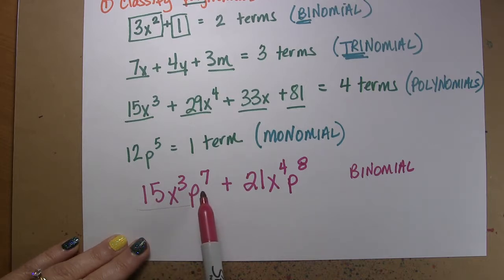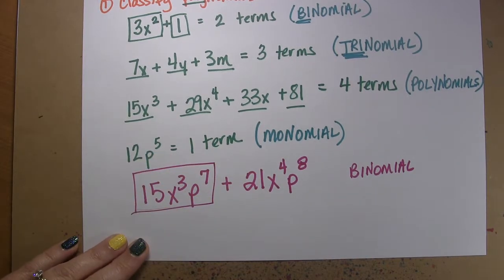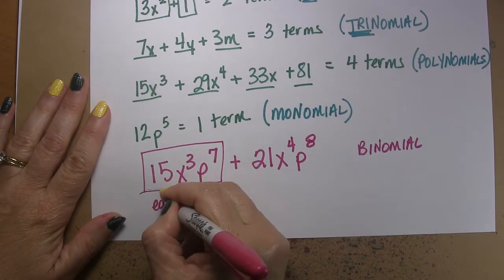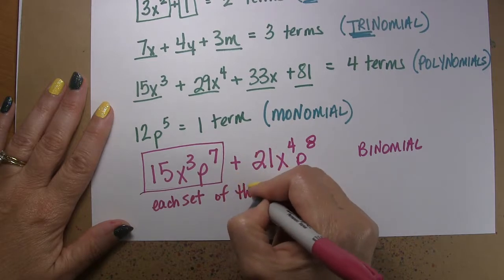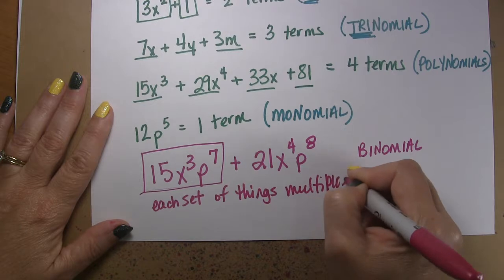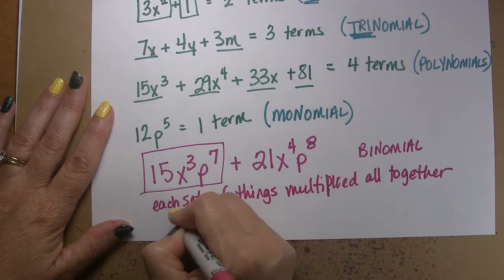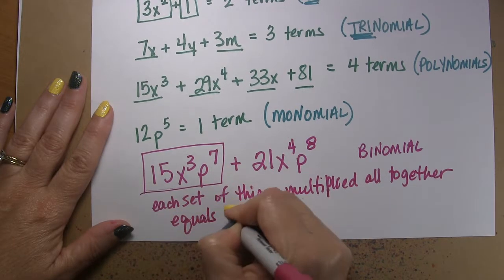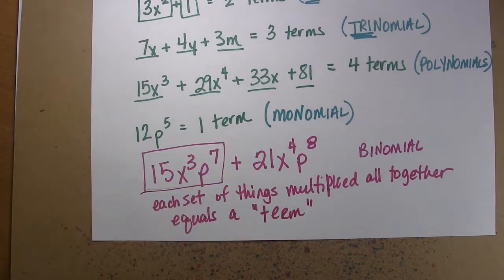As long as these things are being multiplied together, they work as one unit called a term. So each set of things being multiplied together equals a term.